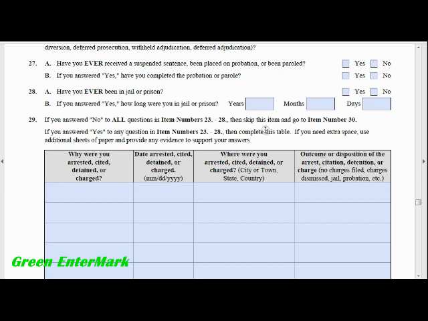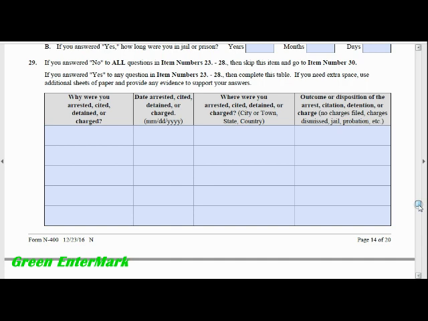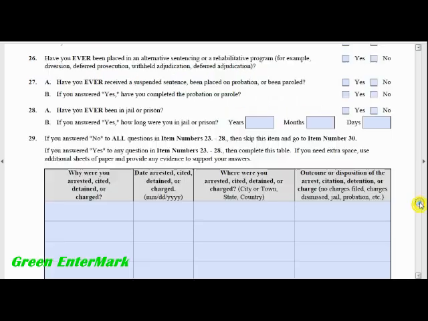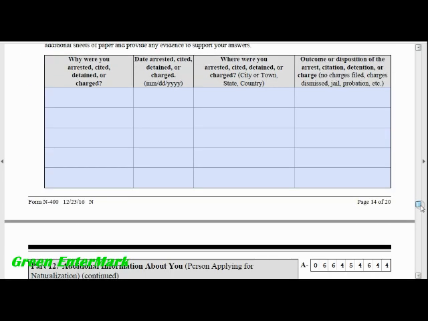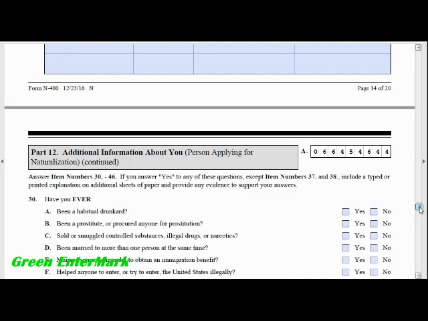So you have to give all the information regarding your conviction or the sentence or the suspended sentence. All you have to mention here. And if you say no, you have to bypass it.